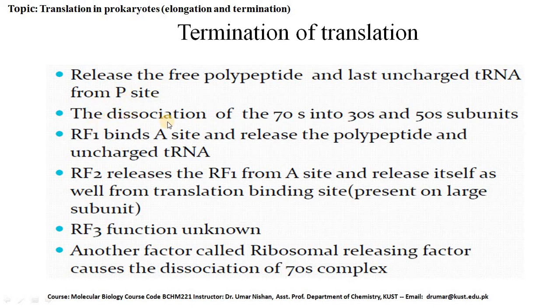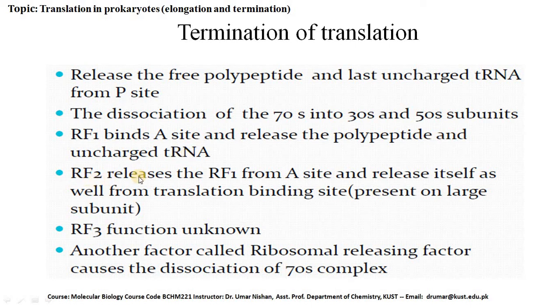The dissociation of the 70S into 30S and 50S subunits takes place. Now the ribosomal machinery dissociates into its components, that is 30S and 50S subunits. Release factor 1 binds the A site and releases the polypeptide and uncharged transfer RNA.